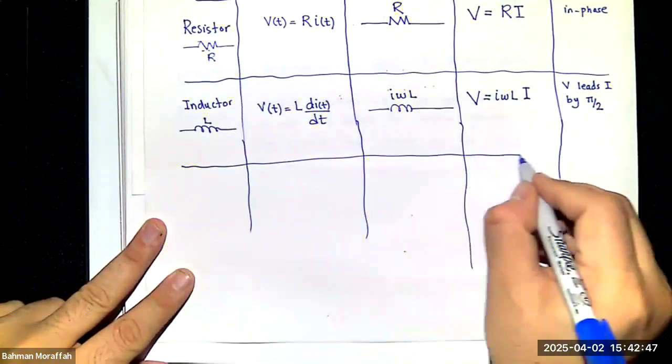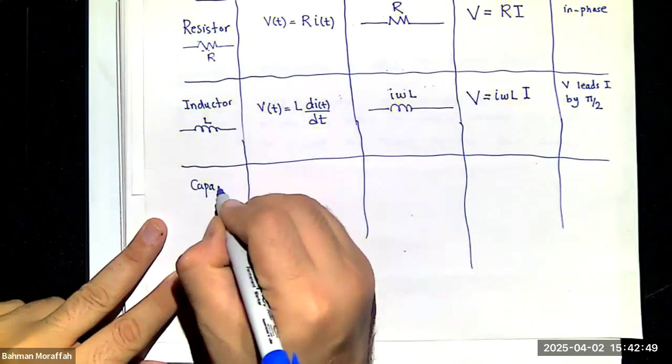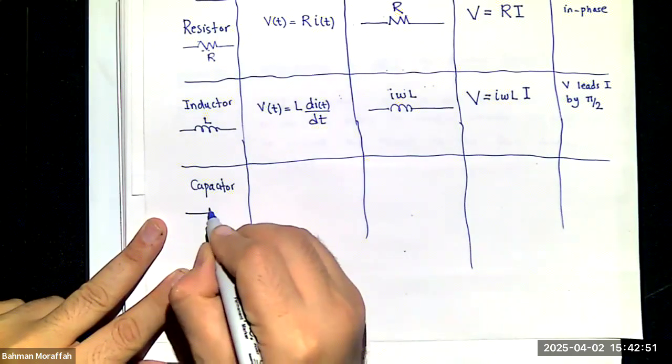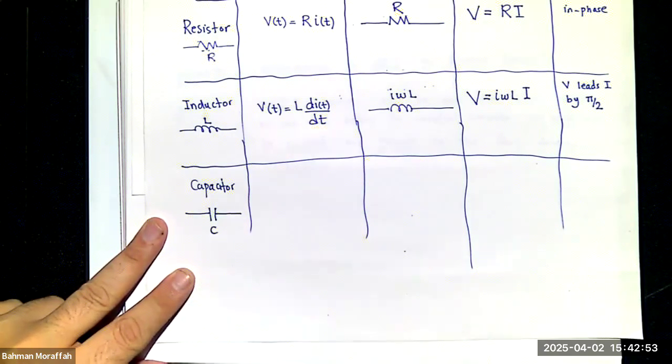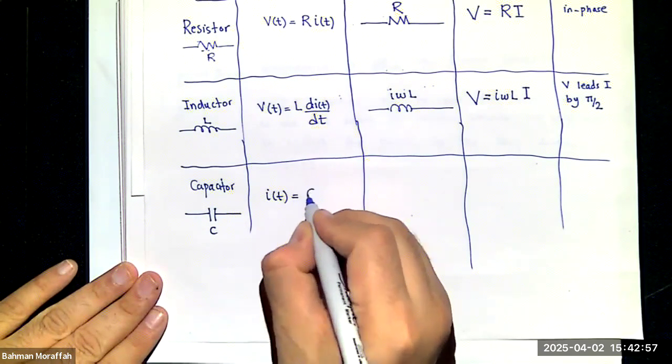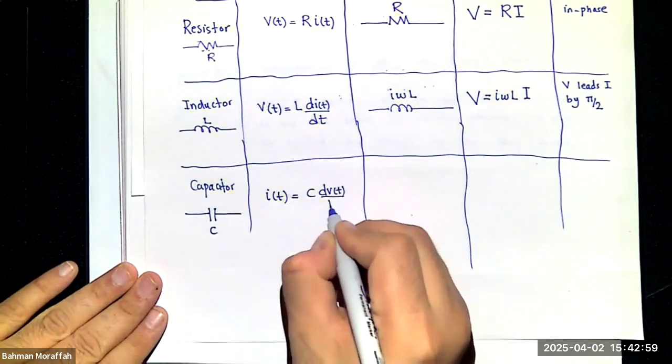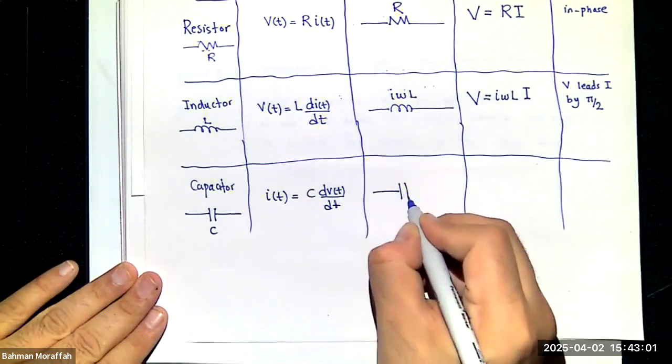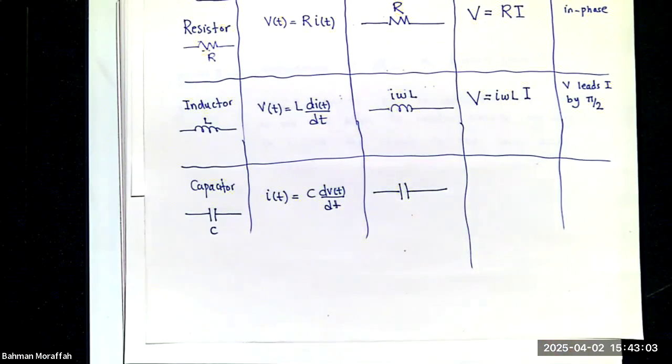The last element we have is just a capacitor. Let's just say it has the value of C. I know i(t) is C dv/dt. I can replace this capacitor with the frequency version of it. I have to change the value though.